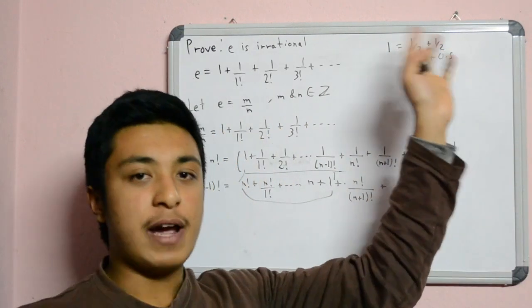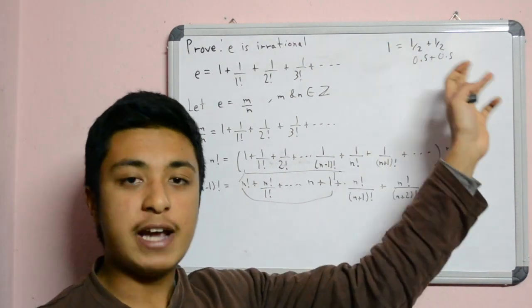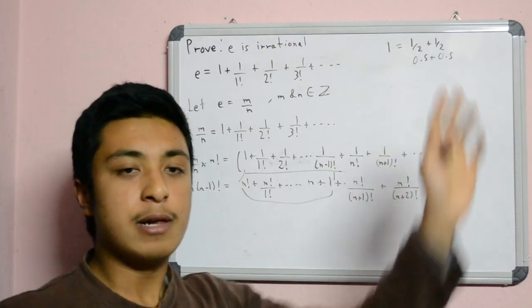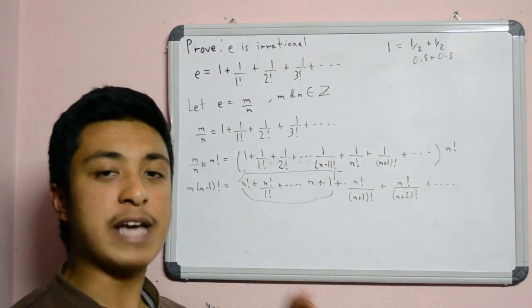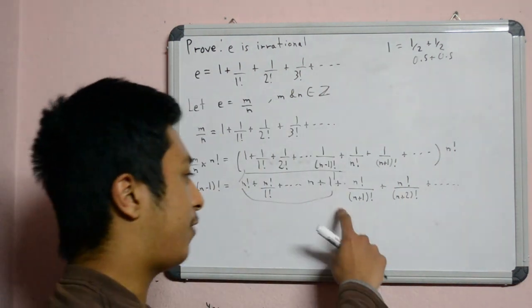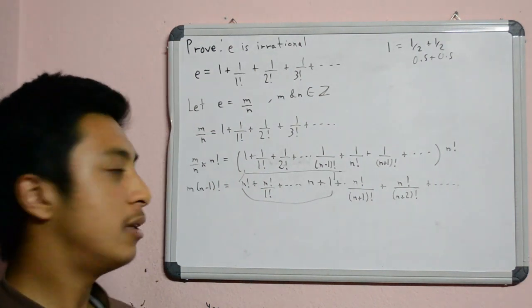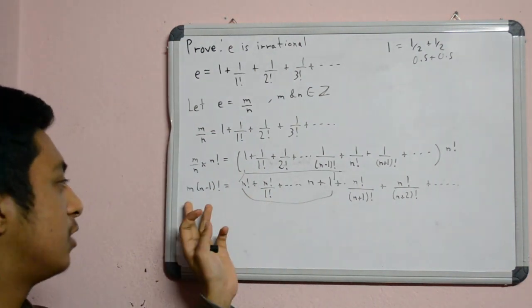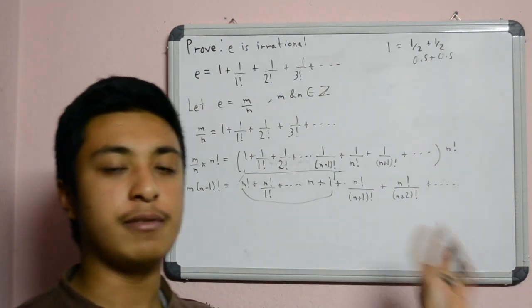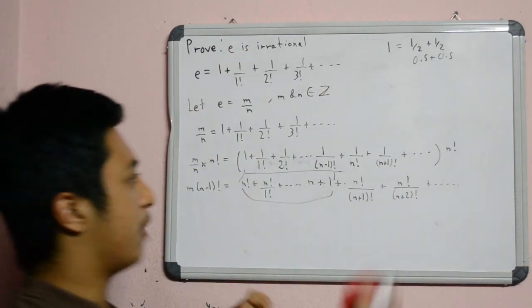They are fractional values. We in fact have an integer equals fractional value plus fractional value, but those fractional values add up to be an integer. So we have to prove further that these fractional values do not end up being an integer or whole number. Thus we would have an integer equals an integer plus fractional values, and then we can contradict and prove e is irrational.